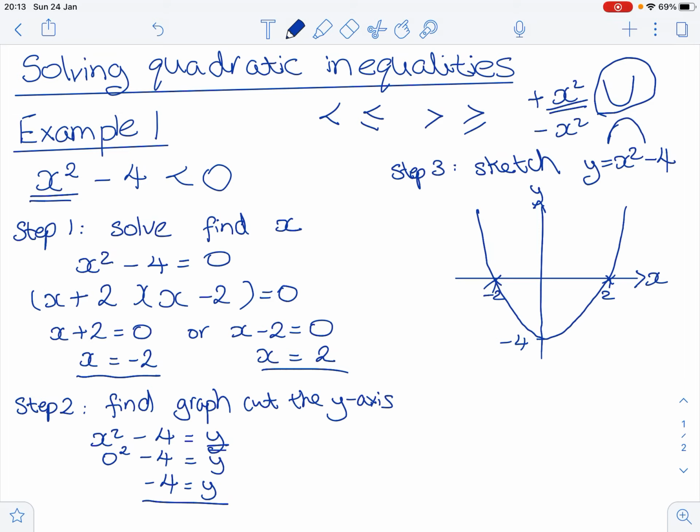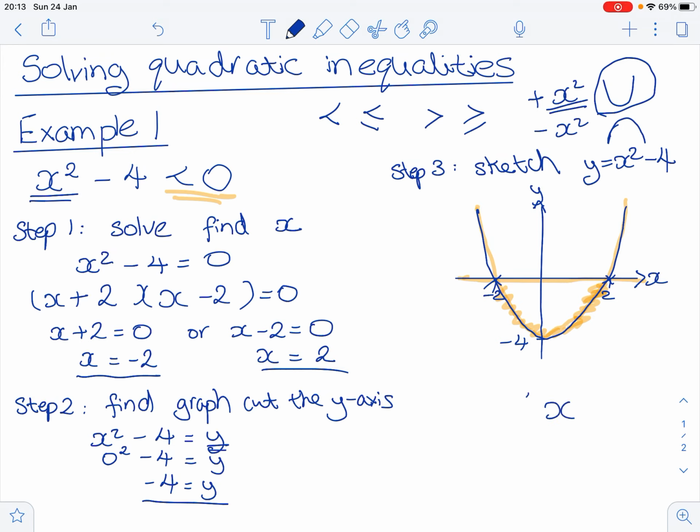Now we can look at our inequality. This is the graph of x squared minus 4, and we want to find when this graph is less than 0. Remember, this line is where it's 0, so we're interested in this part, where it's less than 0.